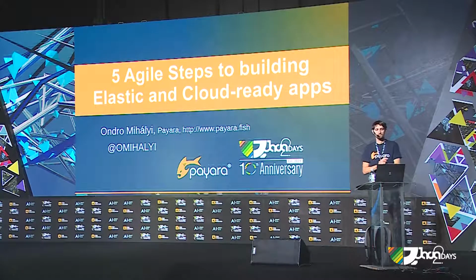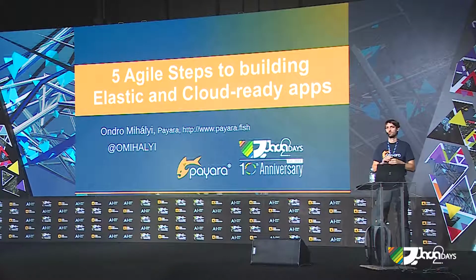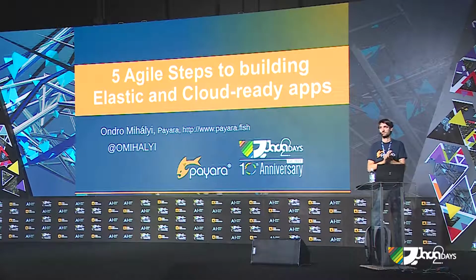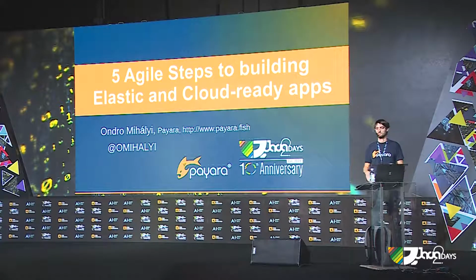I'm going to talk about Agile, how to apply it not only to processes but also to your work and development of products. And hopefully, if you apply that, you would be successful in developing a product together with Agile processes.